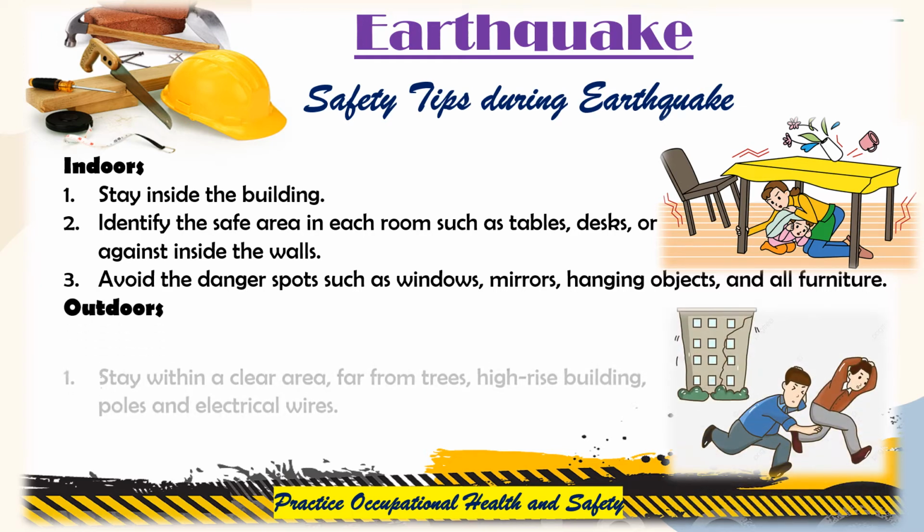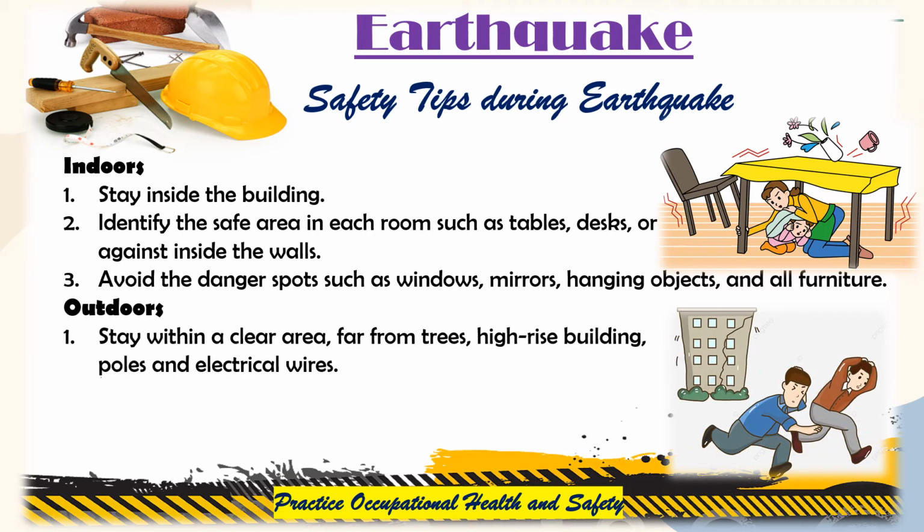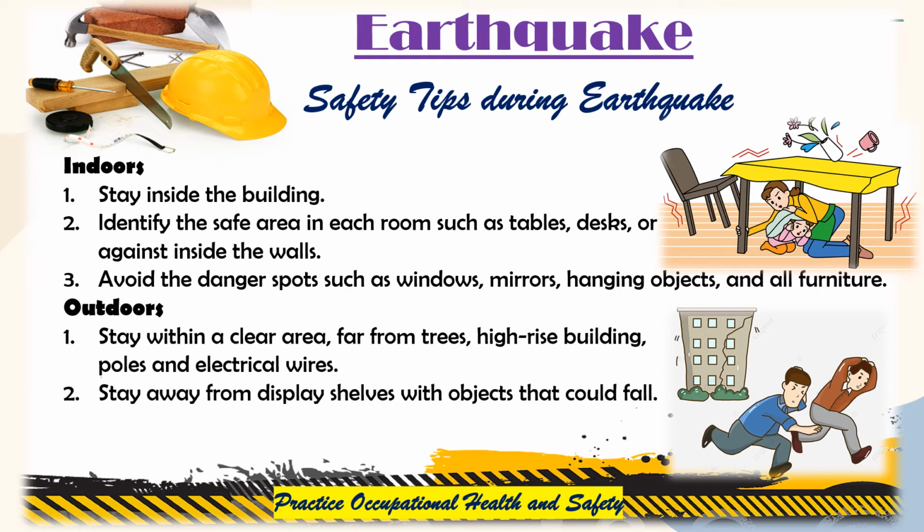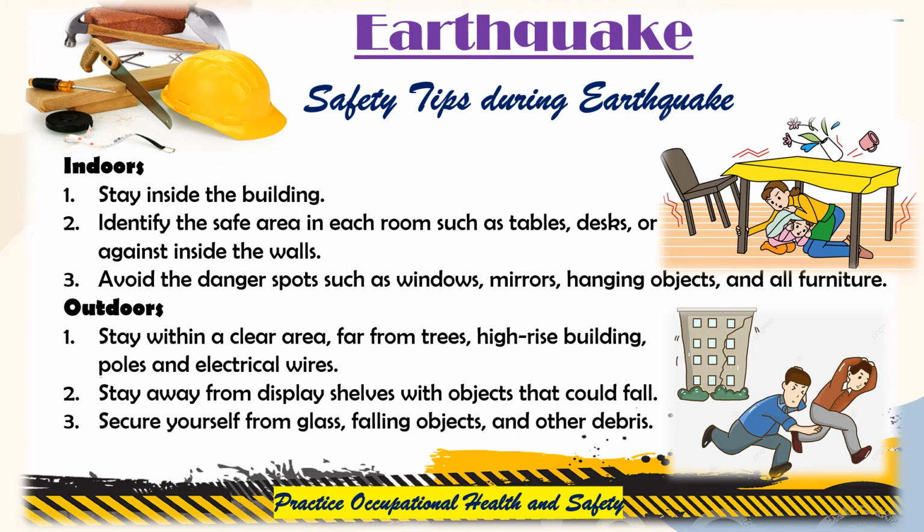Outdoors, the first one is to stay within a clear area, far from trees, high-rise buildings, poles, and electrical wires. Second, stay away from display shelves with objects that could fall. Number 3, secure yourself from glass, falling objects, and other debris.